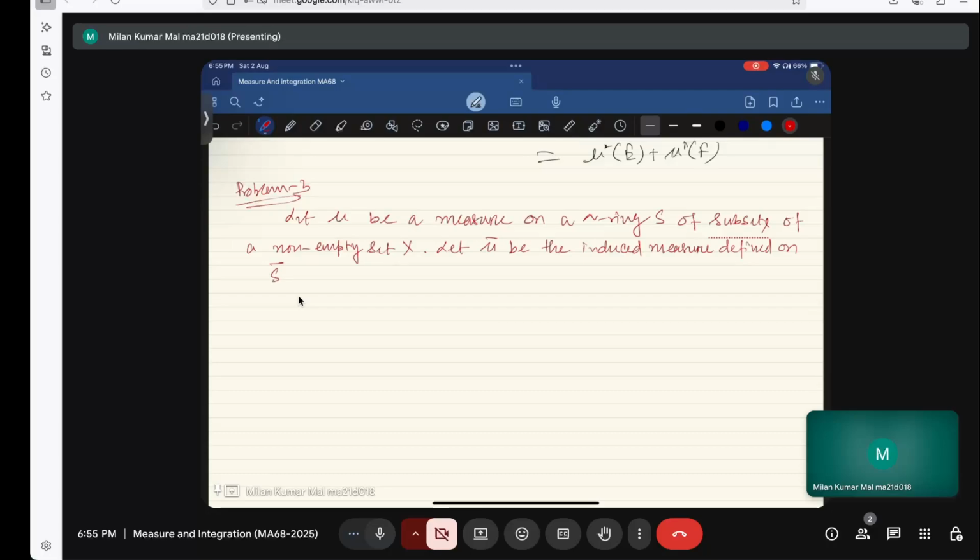That is written as the sigma ring of mu star measurable sets.